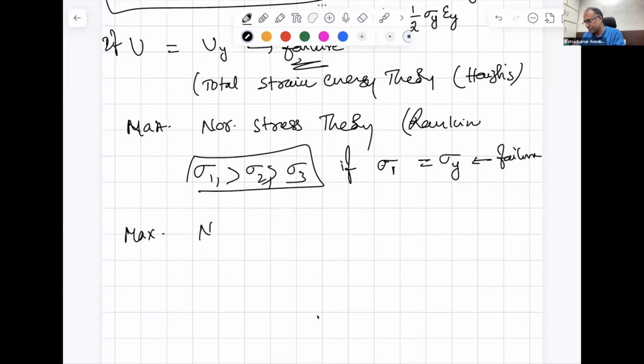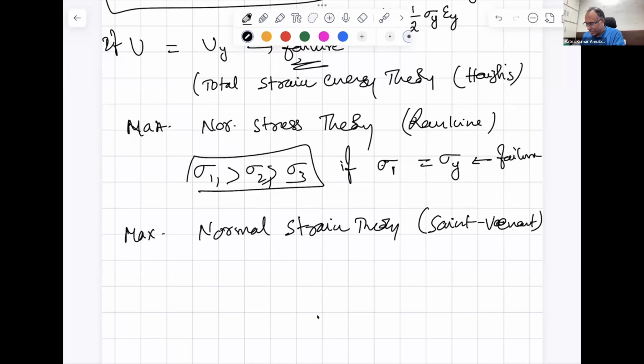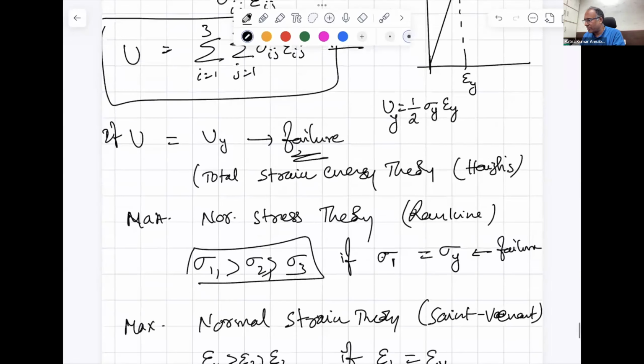Maximum normal strain theory is called Saint-Venant theory. What it tells me is, if my principal strains are epsilon 1, epsilon 2, epsilon 3, with epsilon 1 greater than epsilon 2 greater than epsilon 3, and epsilon 1 is equal to epsilon y, what is epsilon y? This guy.